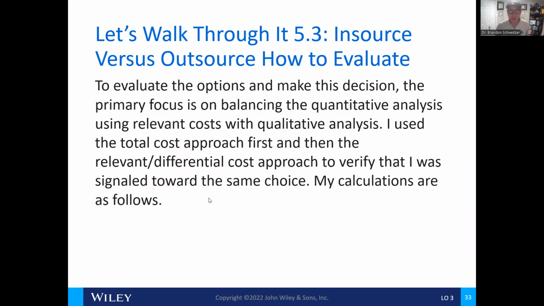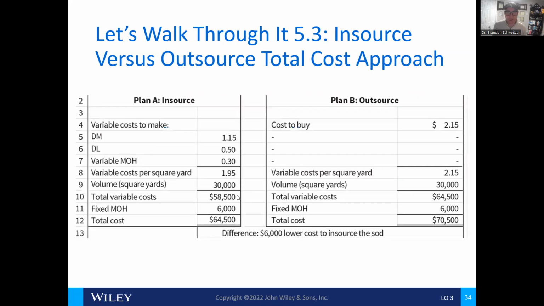By looking at the decision-making process, we take both quantitative and qualitative considerations into our analysis. And looking at the total cost approach, we can then analyze that information and make a decision.